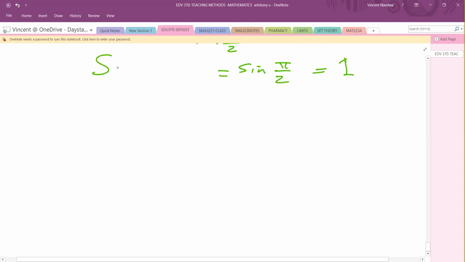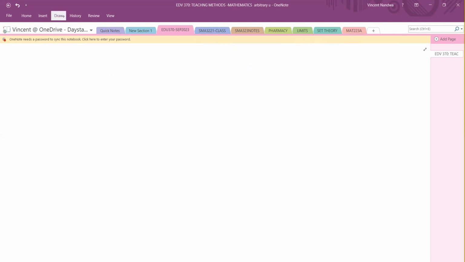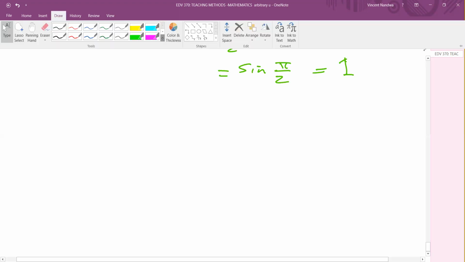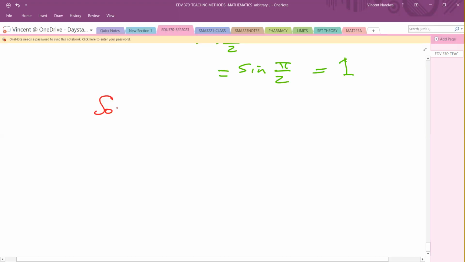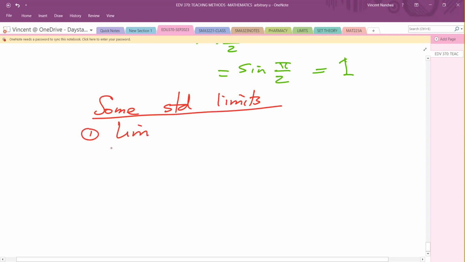as some standard limits. So ya kwanza tunasema limit as theta approaches 0 of sine theta over theta is 1.